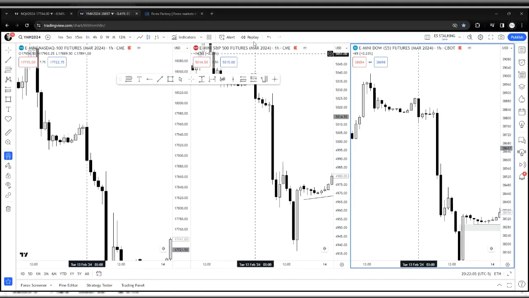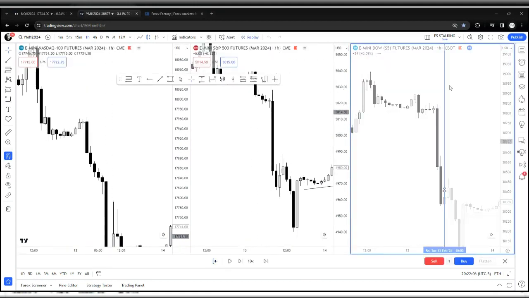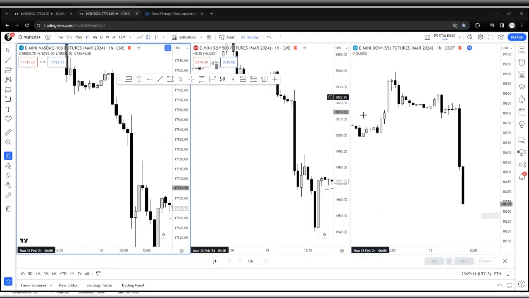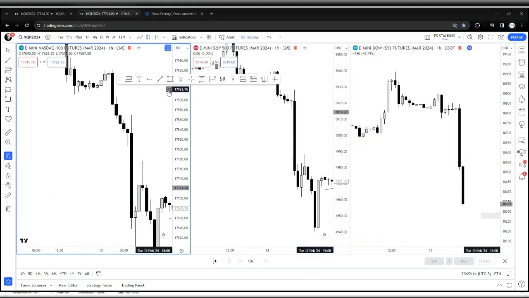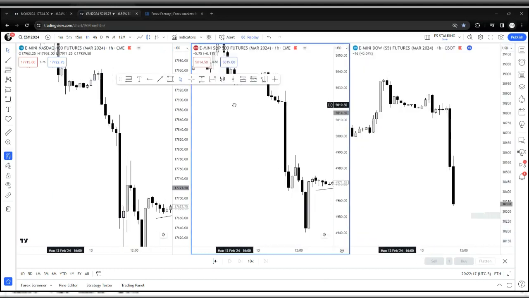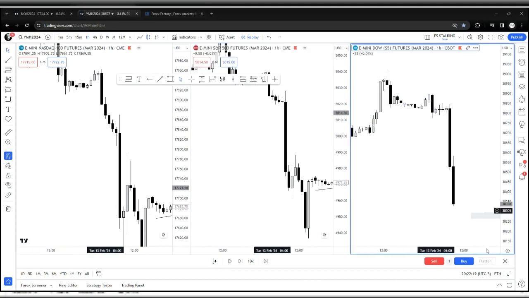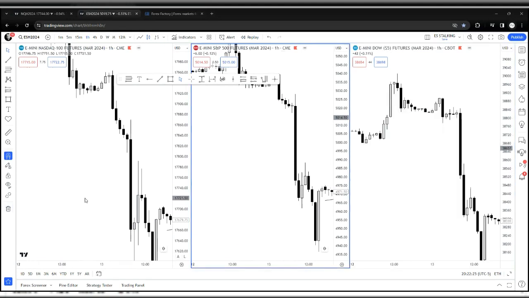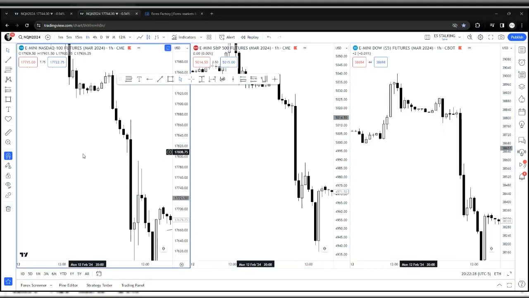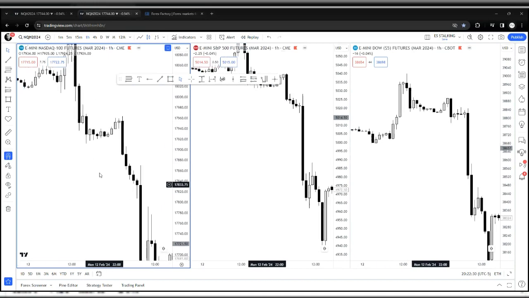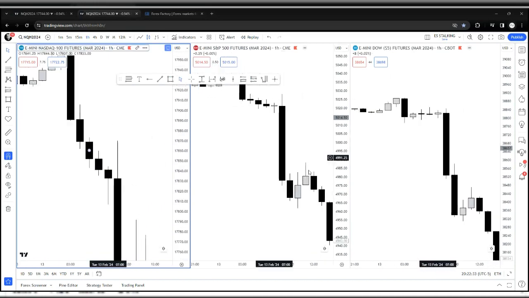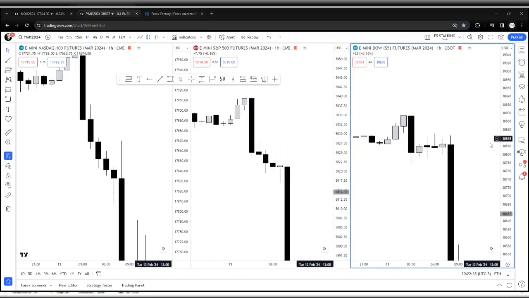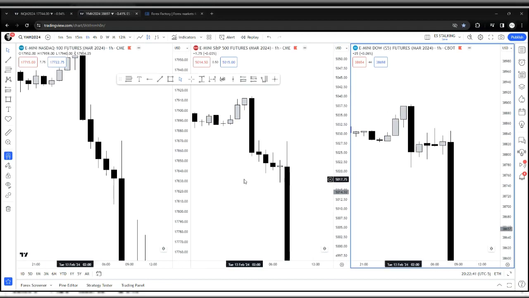Okay, so even right here, let's do this. We had this price action right here. Why did I do this? Clean the charts. So right here, when we had this price action right here, you'll see this was last week's CPI release, right?